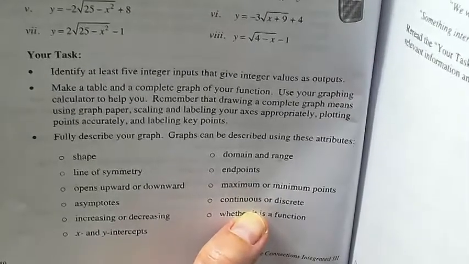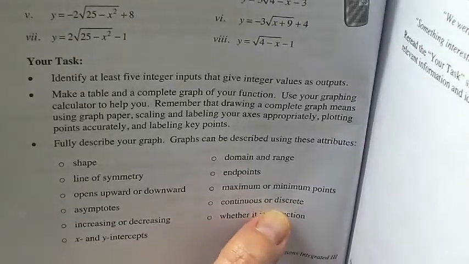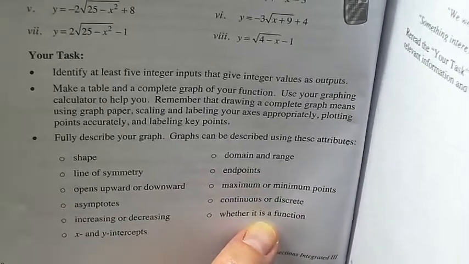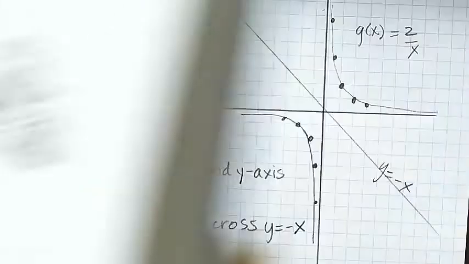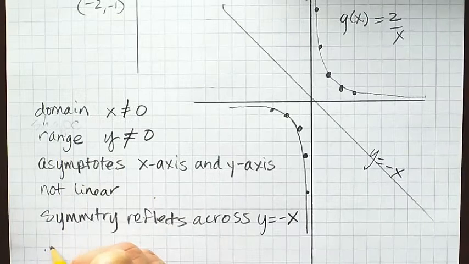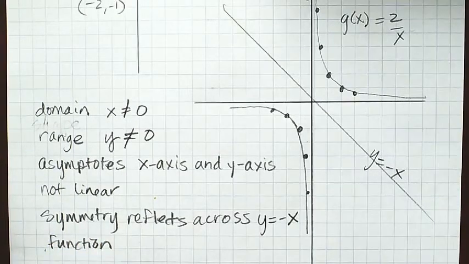It is continuous except for those asymptotes, so we don't even need to worry about this if it's got an asymptote. Is it a function? Each input has exactly one output, so yes, it is a function. We don't have x and y intercepts.